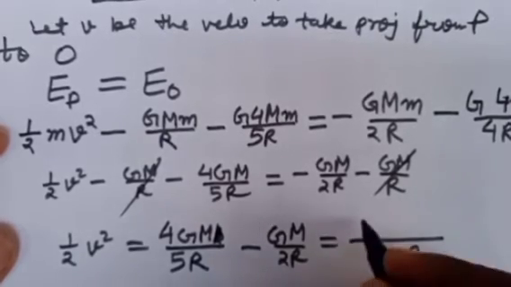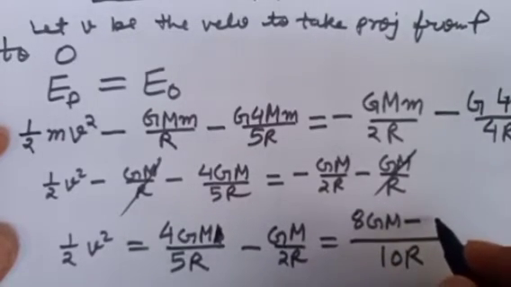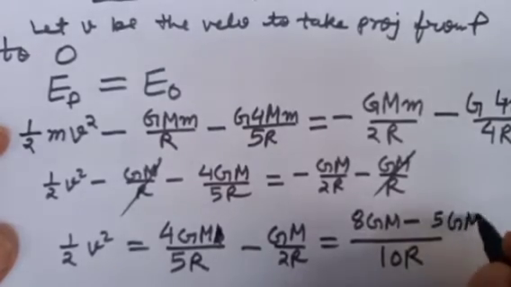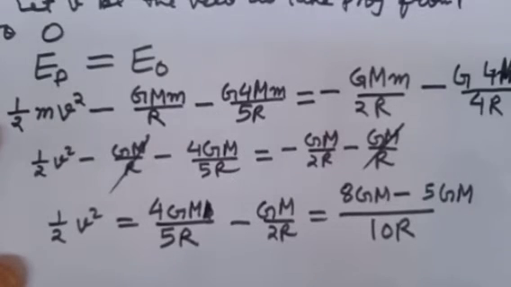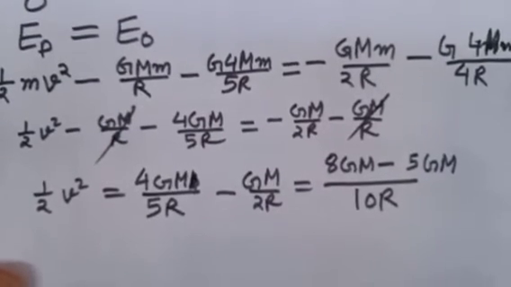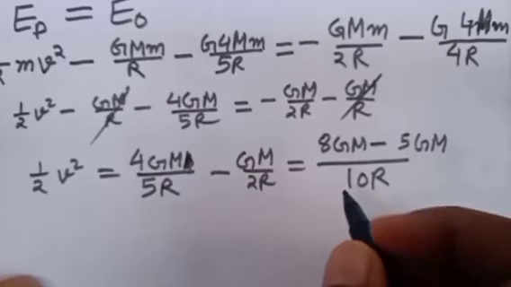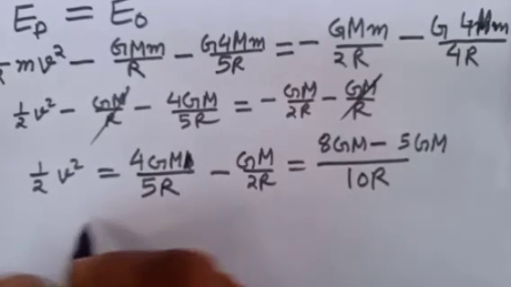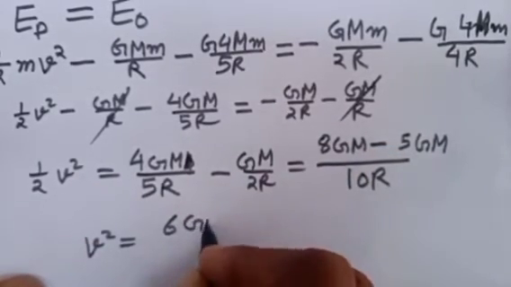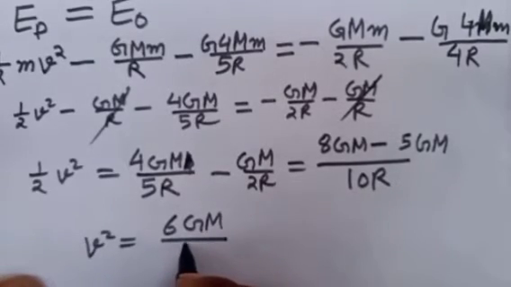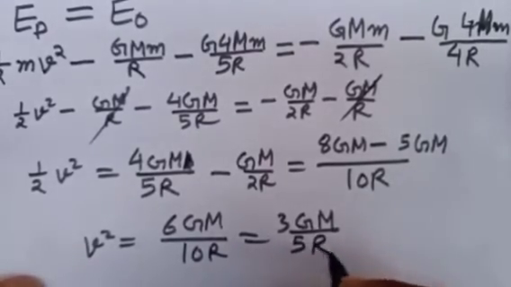LCM 10r, so it will be 8Gm minus 5Gm, and v square equal to 6Gm upon 10r, that is 3Gm upon 5r.